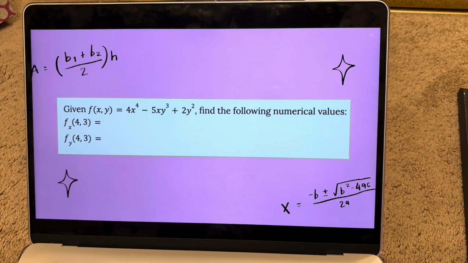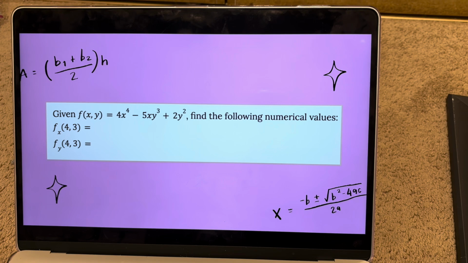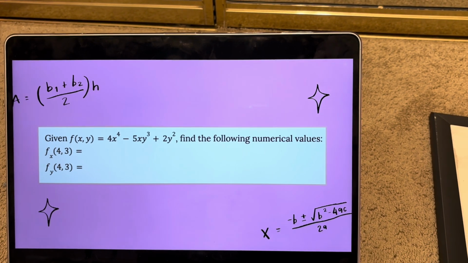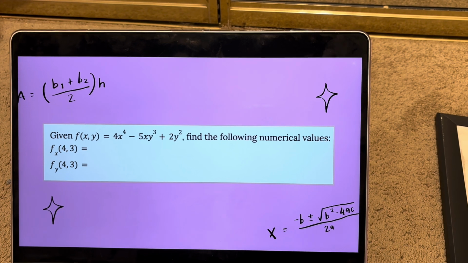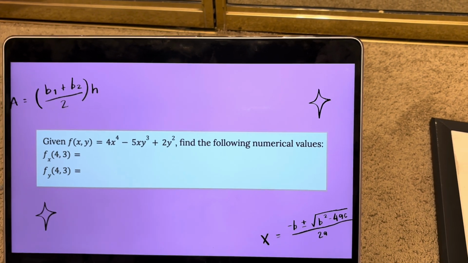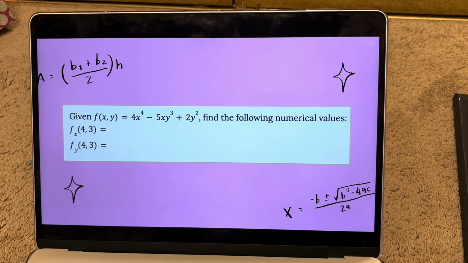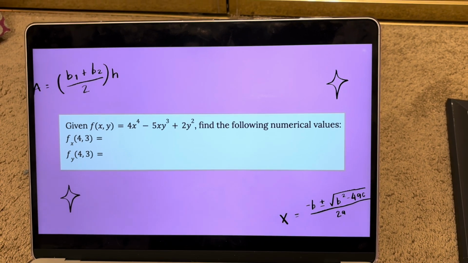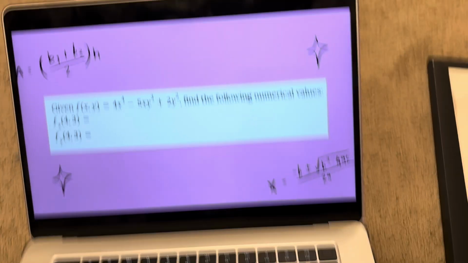For our third equation, we are given f of x and y equals 4x to the 4th minus 5xy to the 3rd plus 2y squared. Find the following numerical values: f of x at 4,3 and f of y at 4,3. Although this is very similar to our first equation, it is going to be different because after we take f of x and f of y, we have to plug in the coordinate.